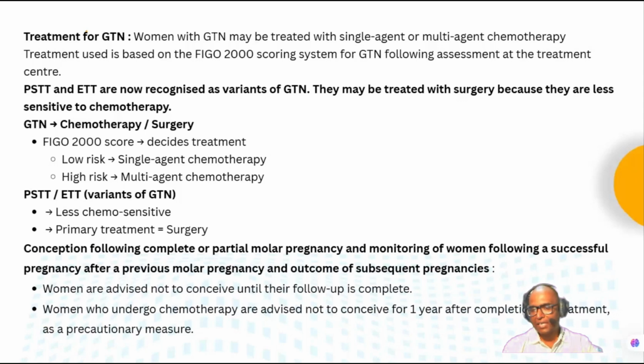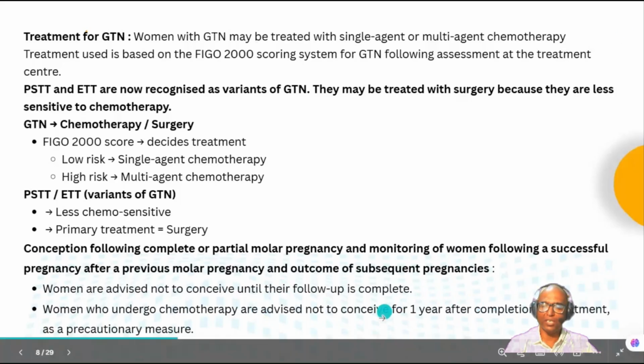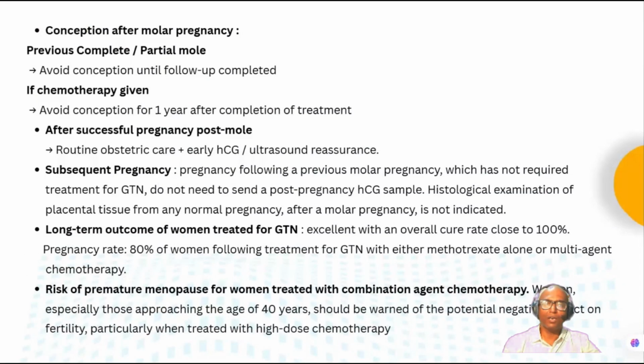So if the woman has taken treatment for gestational trophoblastic disease, either complete or partial, they should complete their follow-up first. That is the most important thing. If she has received chemotherapy, then she is supposed to avoid pregnancy for 1 year. This is the important thing about avoiding conception after treatment for molar pregnancy.